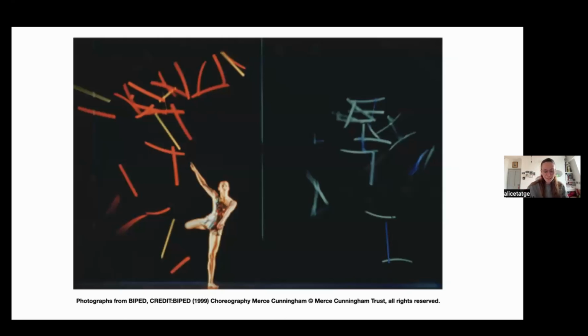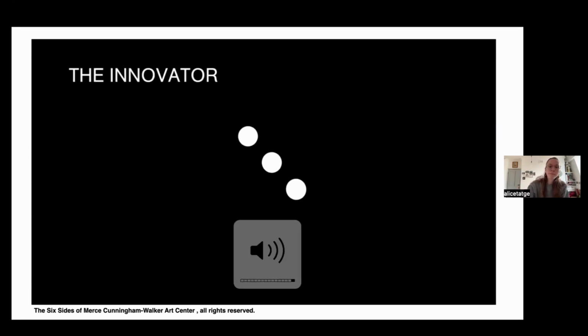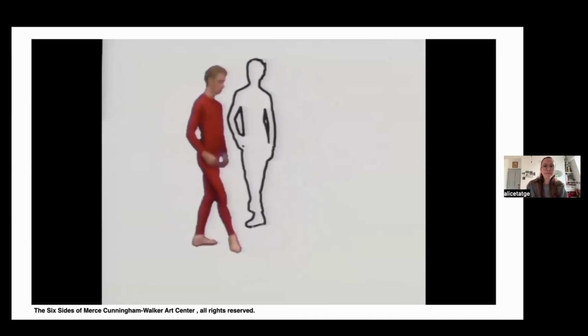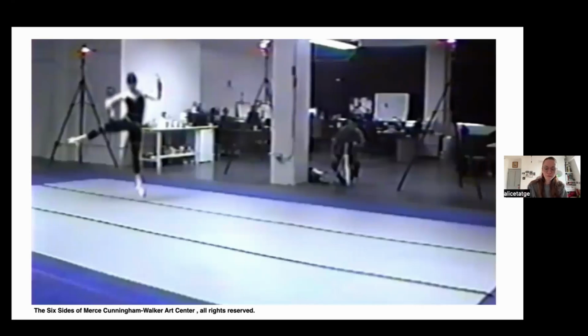And this is an extract speaking about the use of technology in his work. Throughout his career, Merce Cunningham embraced technology in his work. From early experiments with television and video to the use of computers, body sensors, and motion capture technology.